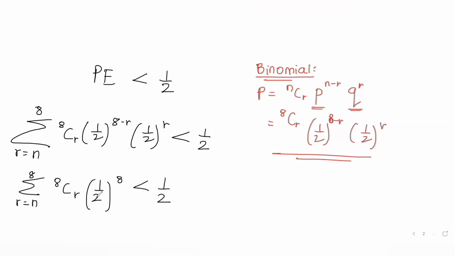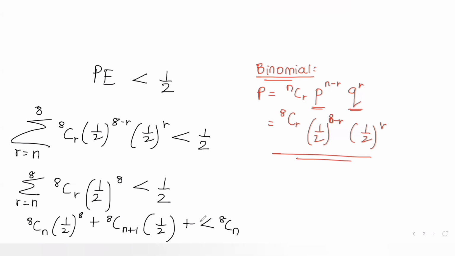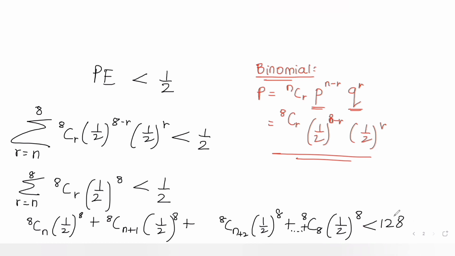Expanding this, I get 8Cn (1/2)^8 plus 8C(n+1) (1/2)^8 plus 8C(n+2) (1/2)^8, and this goes on, so basically (1/2)^8 is everywhere, till the last term 8C8 (1/2)^8. All such terms together are less than half, so you have the entire list here.